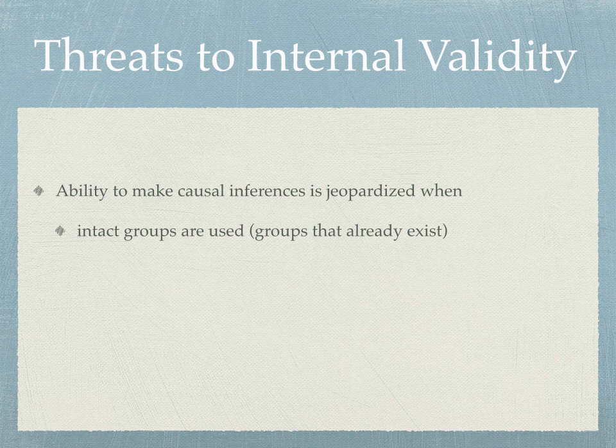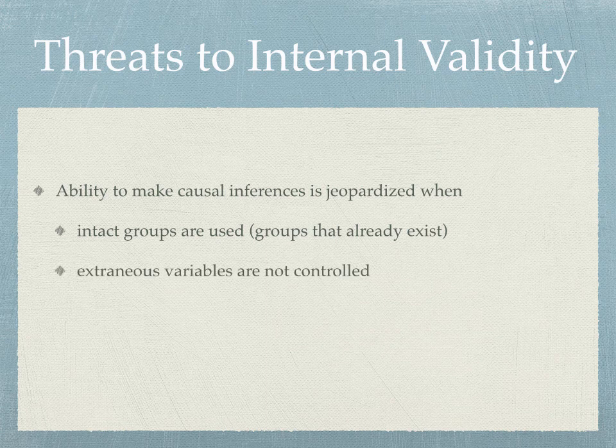There's a reason that you're in psych, and there's a reason chemistry majors are in chemistry, and those are different reasons. You aren't in psych because you really love chemistry, and you're not in chemistry because you really want to be a research psychologist. Again, these groups are different, and these different variables with these intact groups can vary with our manipulation of our independent variable. And so we lose the ability to make these causal inferences.